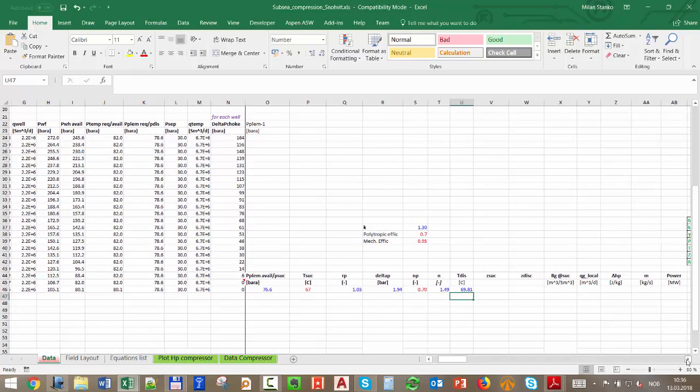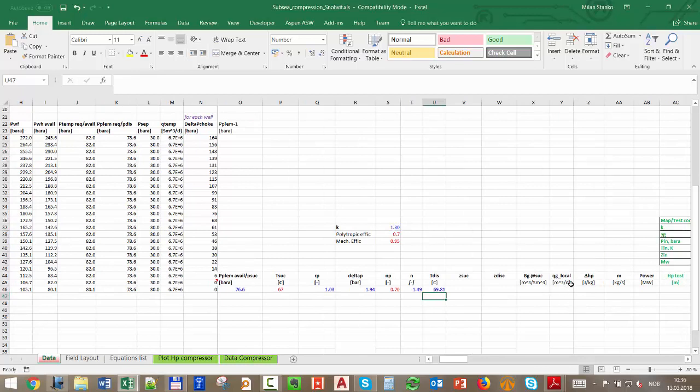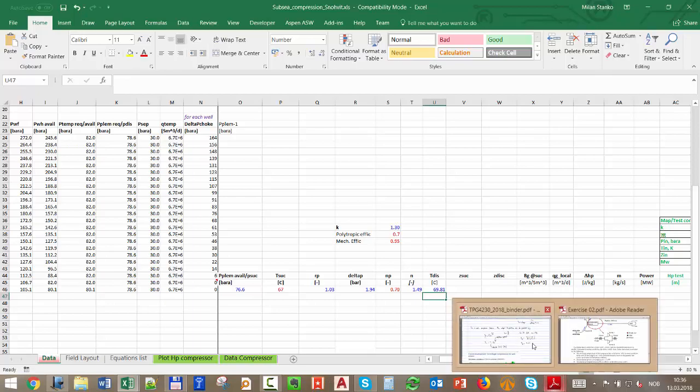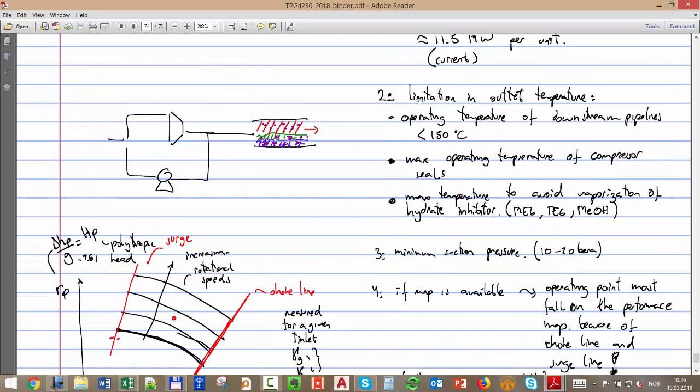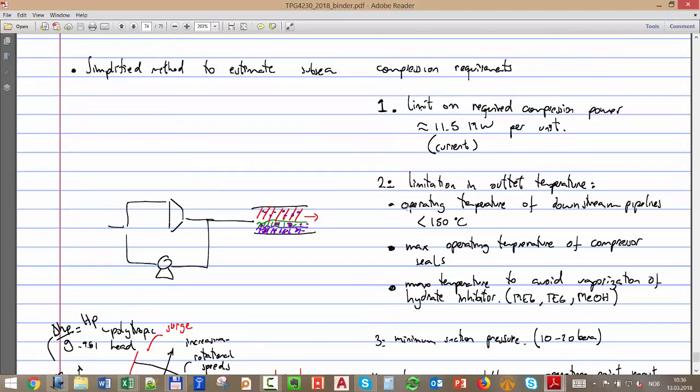And now I have to calculate. If you remember, now we want to calculate power, right? So the outlet temperature, which was these conditions here, seems to be fine. Then we want to calculate power.